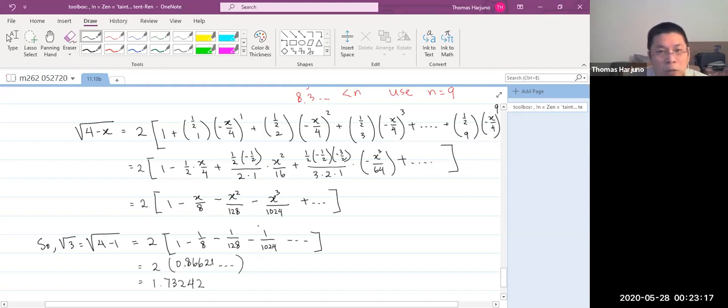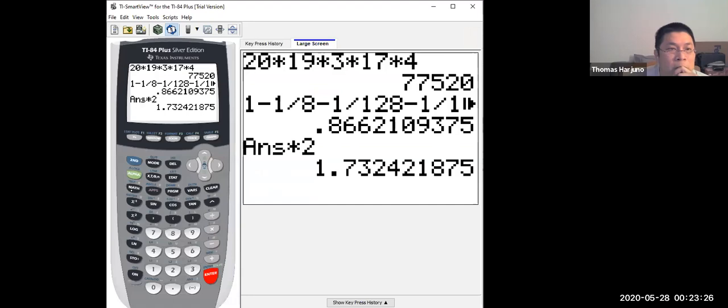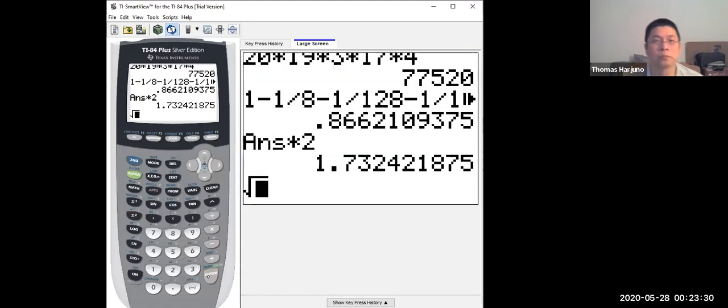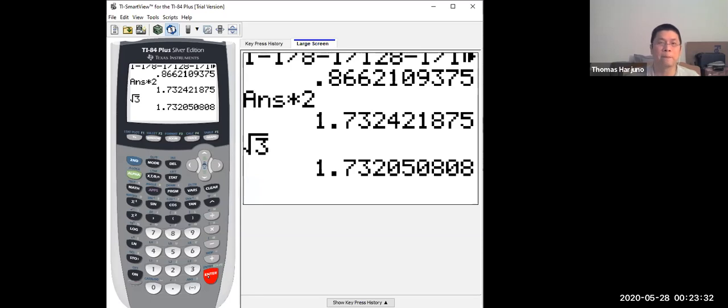Now let's see the actual value of the square root of 3. So at least I'm correct up to the third decimal place already. And yes, if I go on more terms, then I will get what I need.